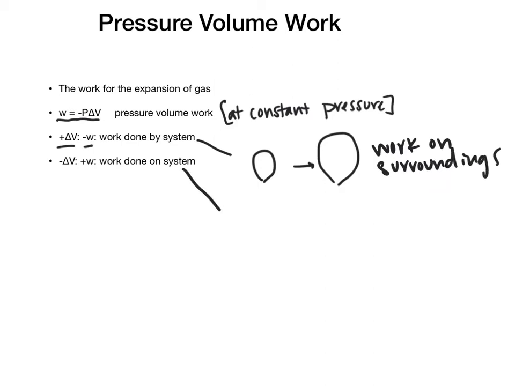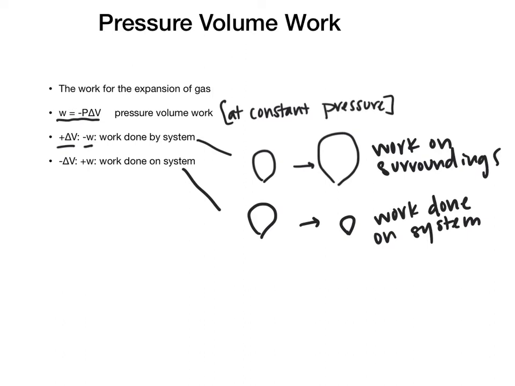If, in this case, we started at this size and over time we got much smaller, this is work done on the system. So basically the balloon can get bigger and smaller, and the system or the surroundings is going to squish this in either way.